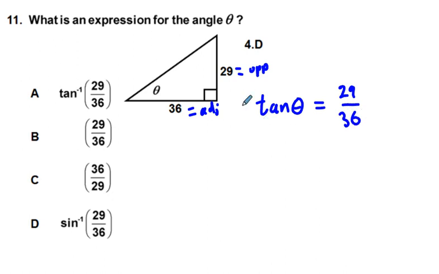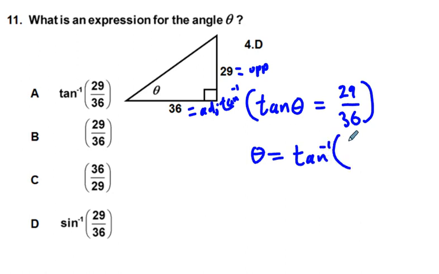We solve for theta by taking the inverse tangent of both sides. Theta is equal to inverse tangent of 29 over 36. So our correct answer for this one is A.